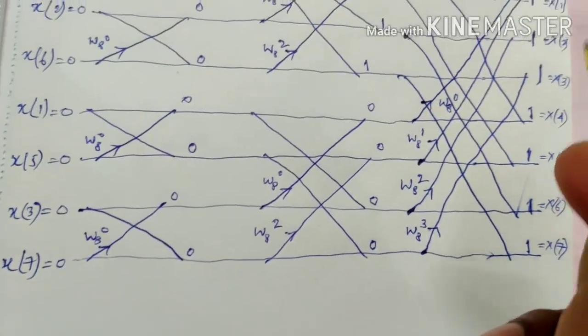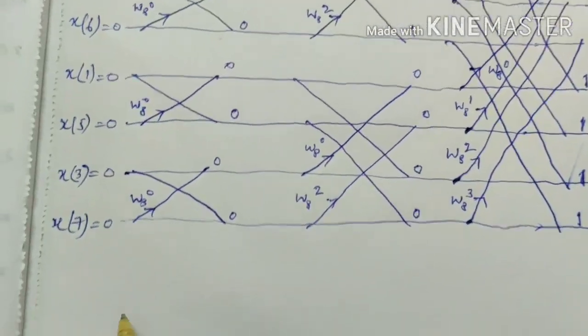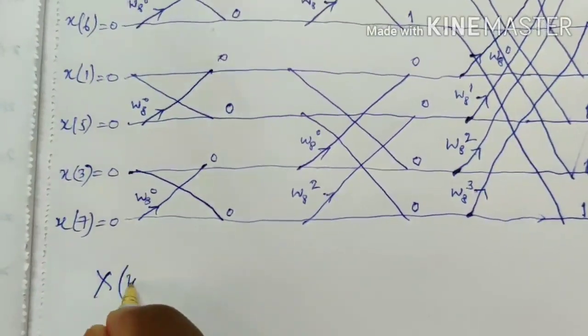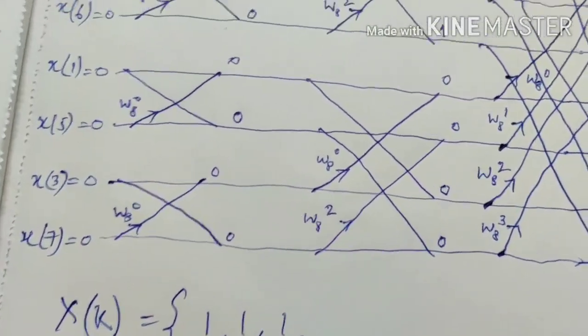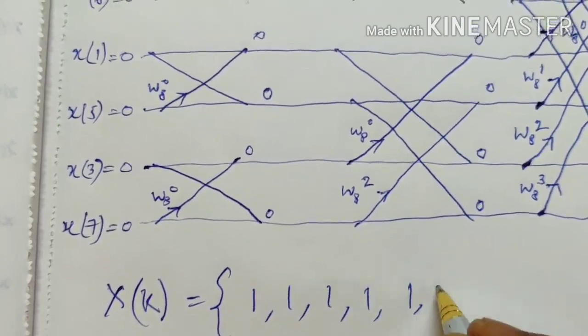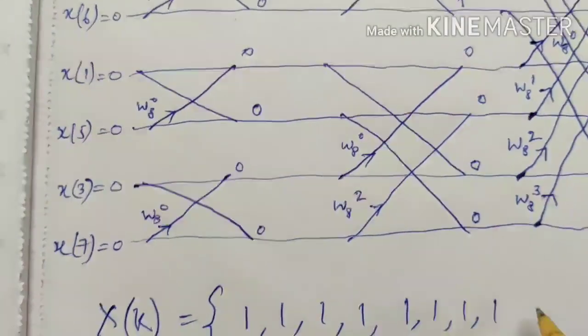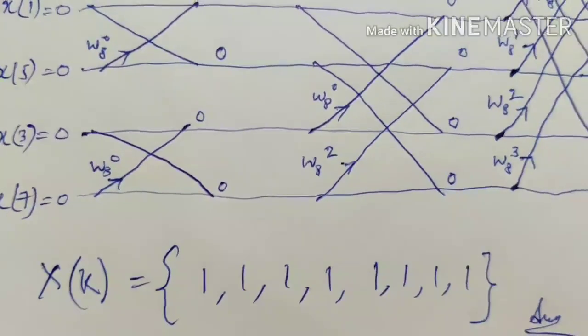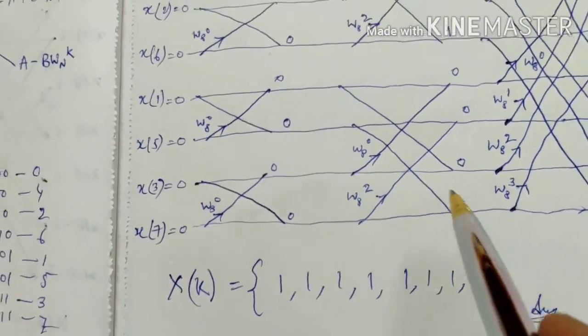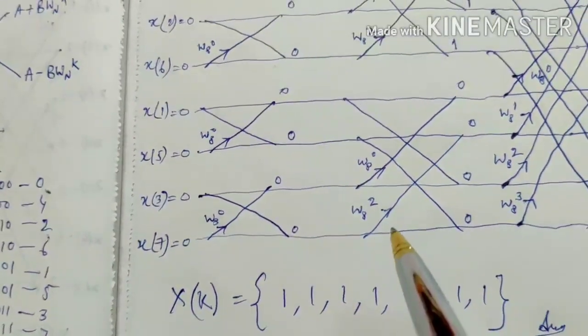So all values are 1. So the output sequence will be written as 1 1 1 1 1 1 1 1. So that is the answer of the DIT algorithm method.